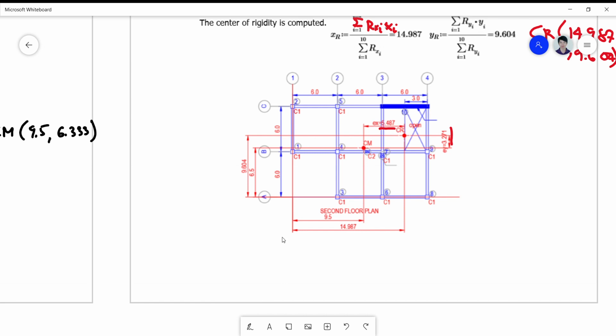Okay, so where are we going to use this eccentricity? So remember that for regular structures, we have to compute for your torsional moment.